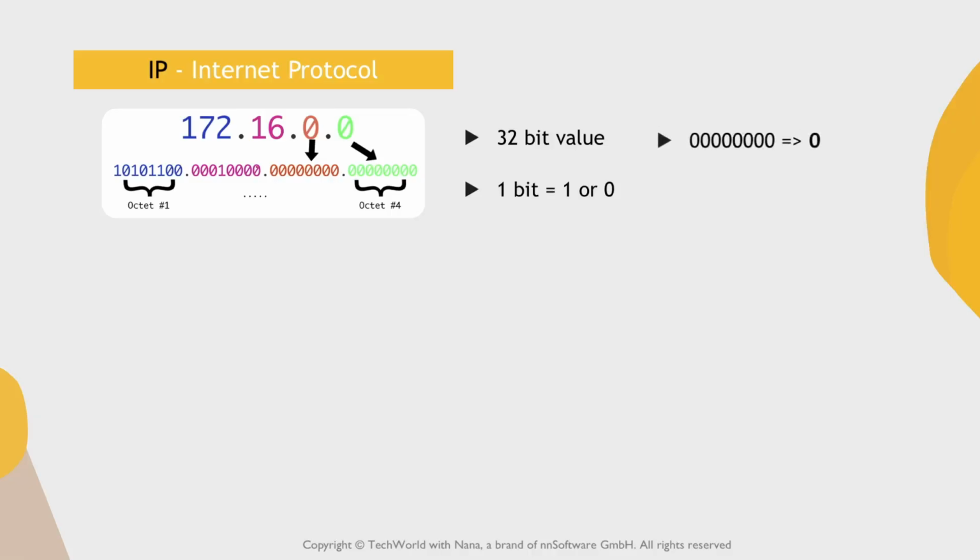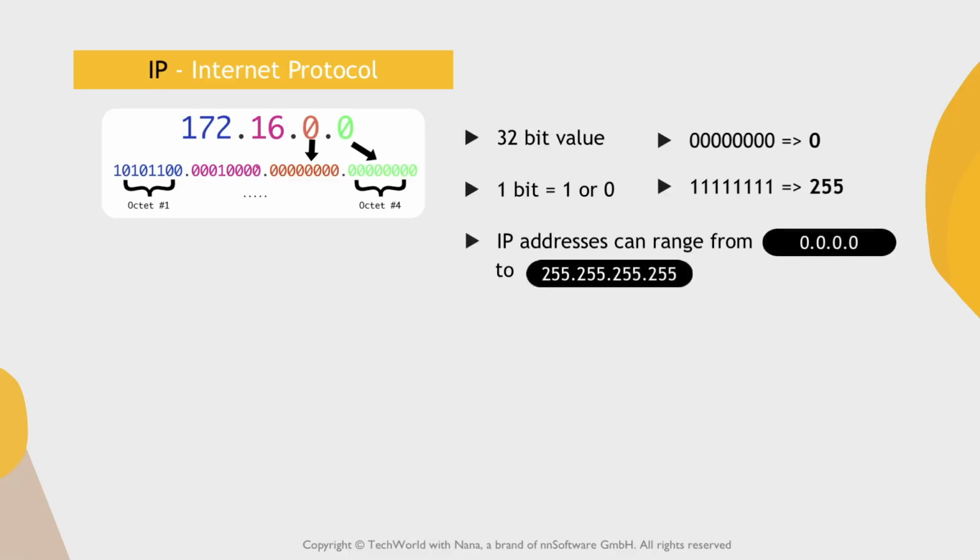And an octet with all ones, so 8 ones is a number 255. That means that IP address value can be any combination between 0.0.0.0 and 255.255.255.255. So that's how IP address is made up.